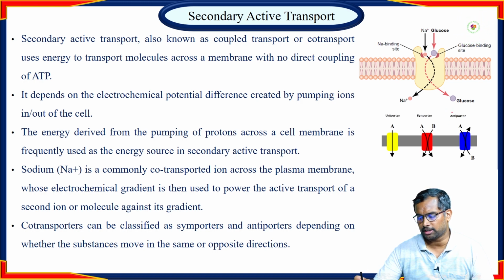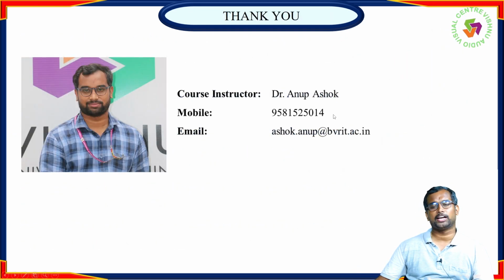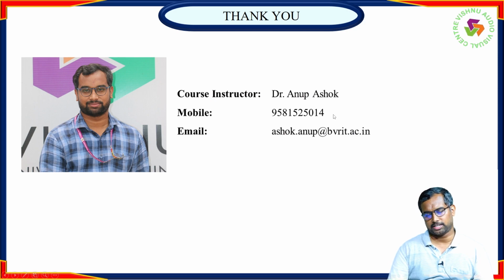And an antiporter is the opposite. It is something like a co-current situation, where one molecule moves from the exterior to the interior, whereas the other molecule moves from the interior to the exterior.